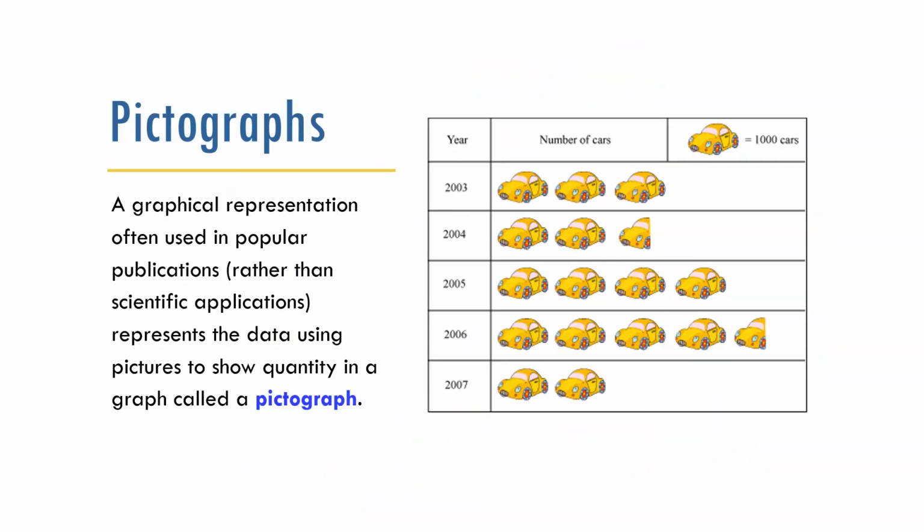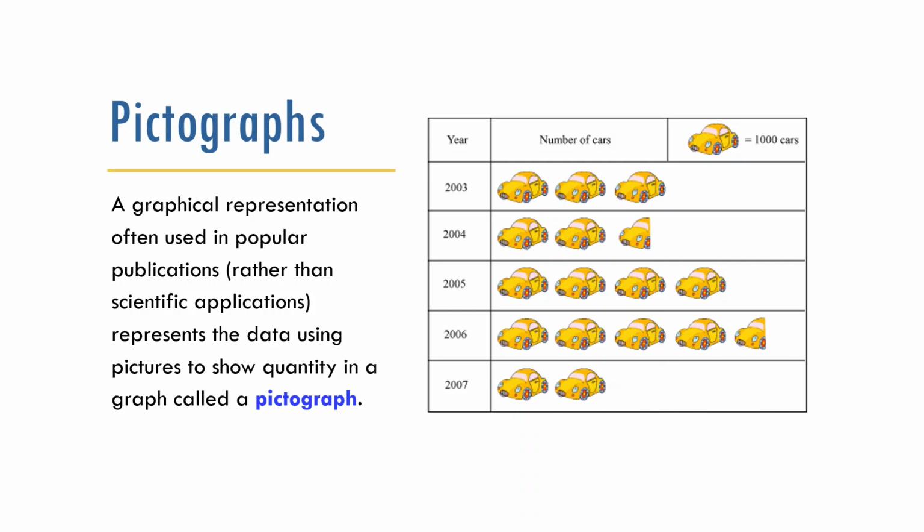And the last one, which has been popular lately in articles, is called a pictograph. A pictograph uses graphics or pictures to represent the publication or advertisement itself, using pictures that relate to that article. For example, here is the number of cars that have been sold from 2003 to 2007, and they represent it as a car.